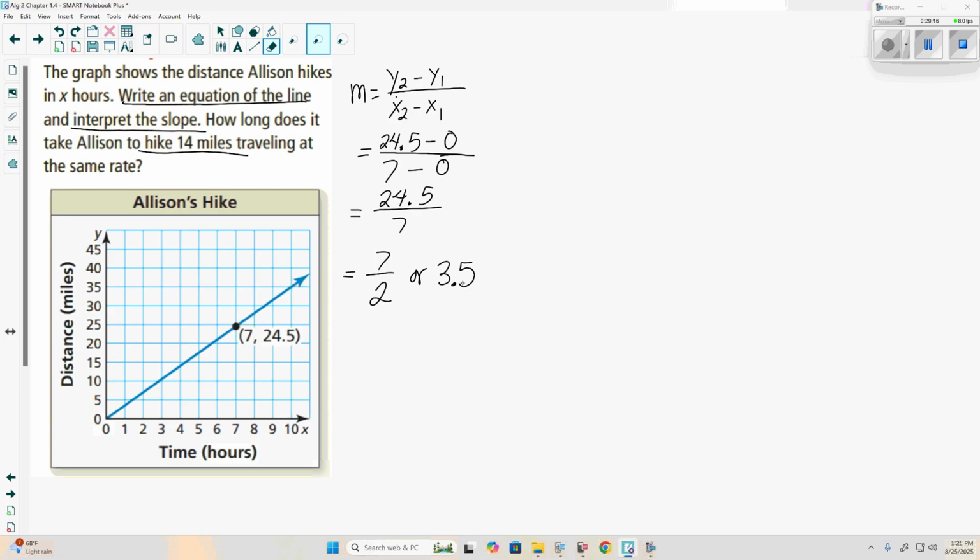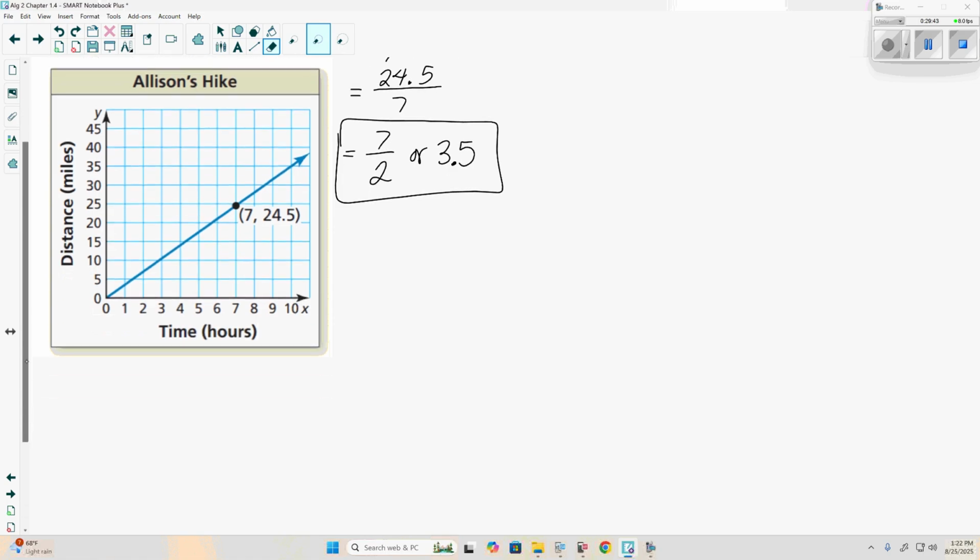For the most part, I will write slope as a fraction because it is sometimes easier to read. Because what we're saying, for every 2 hours, she's traveling 7 miles, or for every hour, she's traveling 3.5 miles. Either one of these works for the slope. Now, for our interpretation of the slope, I already said it.